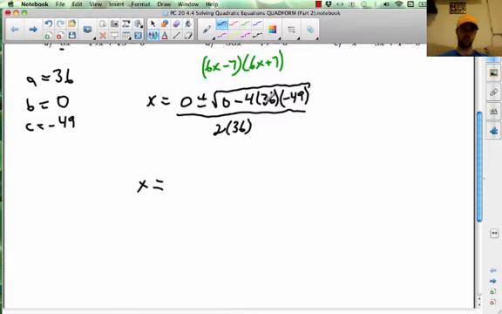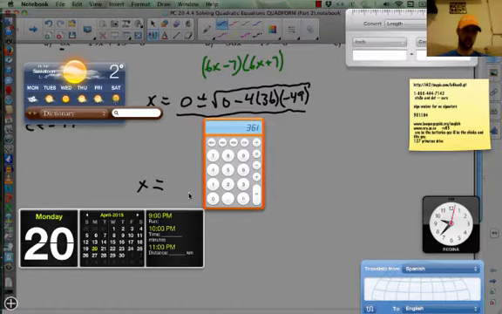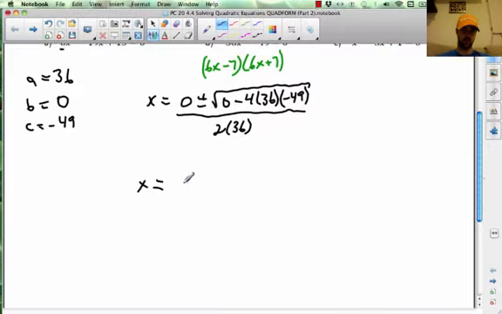So x equals the root of 4 times 36 times 49. I didn't plug the negatives in because I know it's going to be positive, and that's 7,056.